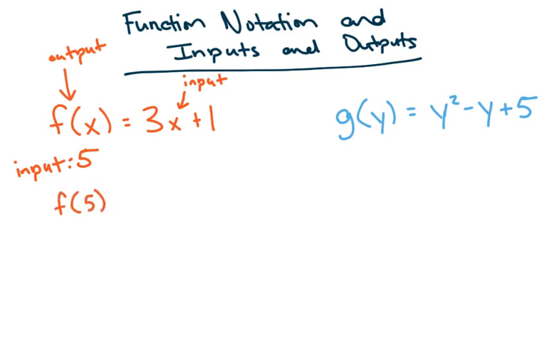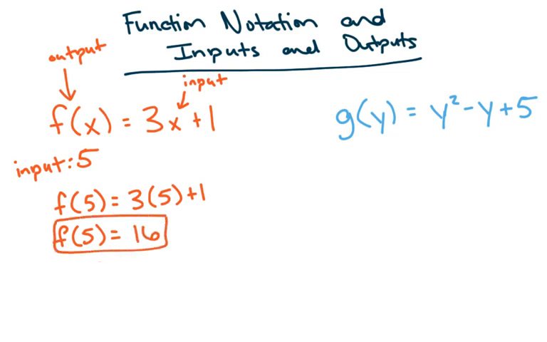And so you're going to say f of 5 is equal to 3 times 5 plus 1. Well, then you're just going to work that out. f of 5 is going to equal 3 times 5 is 15, plus 1 is 16, and so your input there was 5, your output was 16.